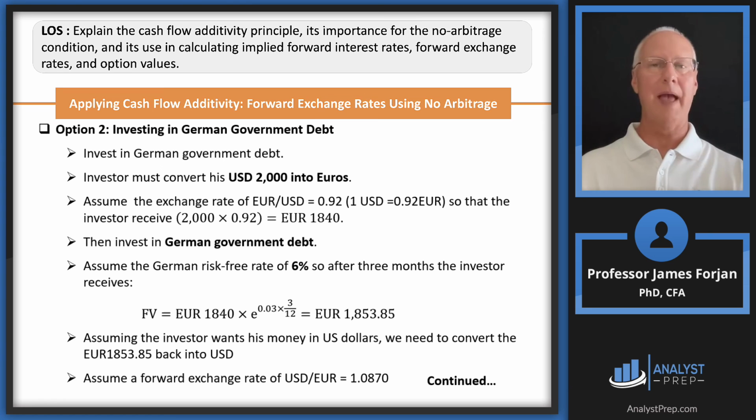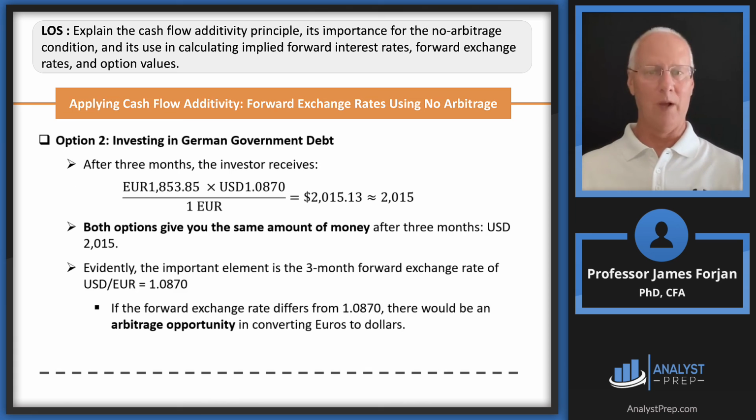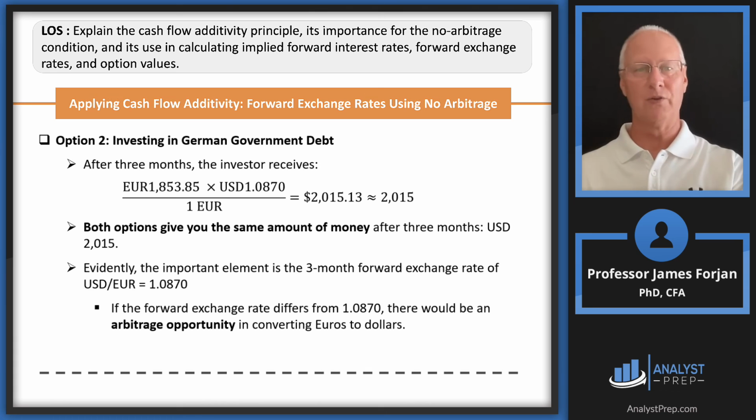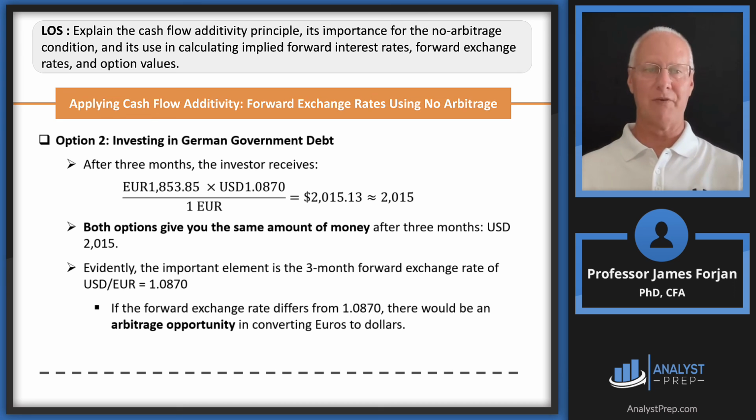You can go down to the bank and say, I want to sell 1840 euros in 3 months' time for US dollars. And the bank might say, look at the bottom there, there's the exchange rate. If you sign that forward contract and convert those euros back, you'll get the 2015. So both of those choices give you the same amount of money after 3 months.